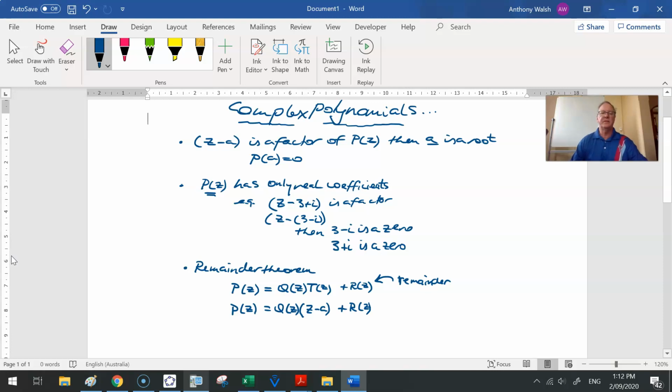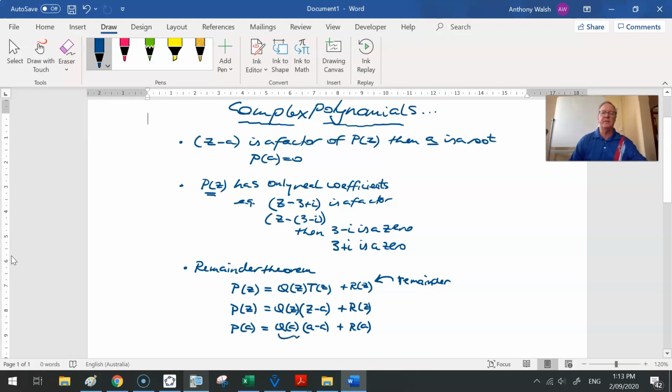The remainder theorem says that if you put the value of a into the polynomial, so you get q in terms of a, but z minus a will become a minus a, which becomes 0.